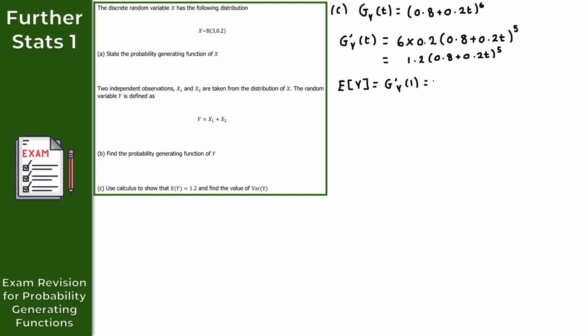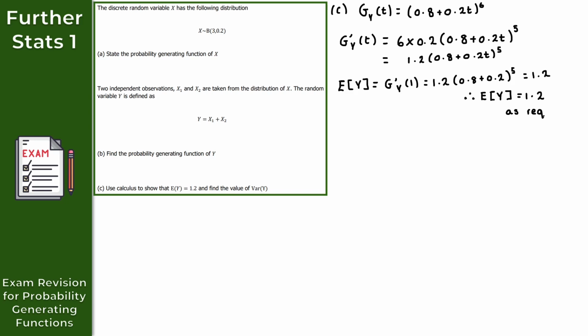I get 1.2 times (0.8 plus 0.2 times 1, so that's 0.2) to the power of 5. Okay, 0.8 plus 0.2 is 1. 1 to the power of 5 is 1. I've got 1.2 times 1, and that gives us 1.2. That's what it asks us to find. So therefore, the expectation of y, E of y, is equal to 1.2 as required.